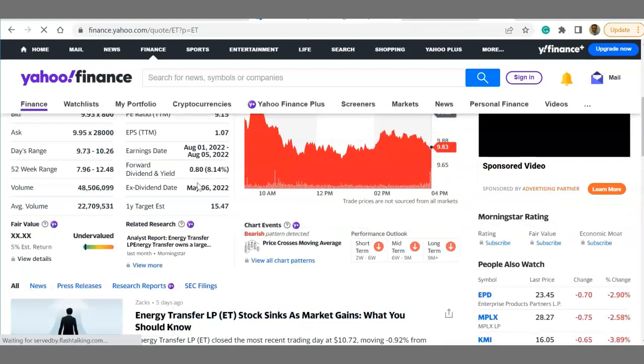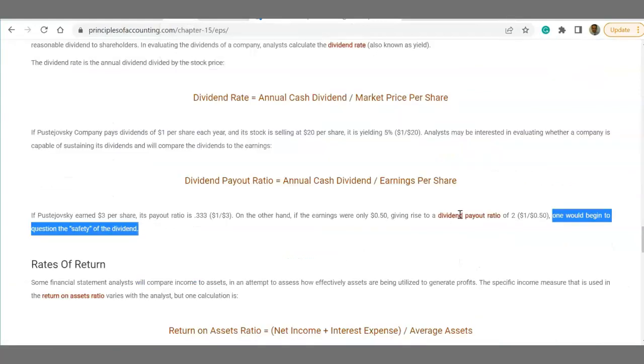Okay, it's not here. I have to see how much the earning is and then calculate it. But the bottom line here is the idea: how much they are paying in dividend for earning per share.